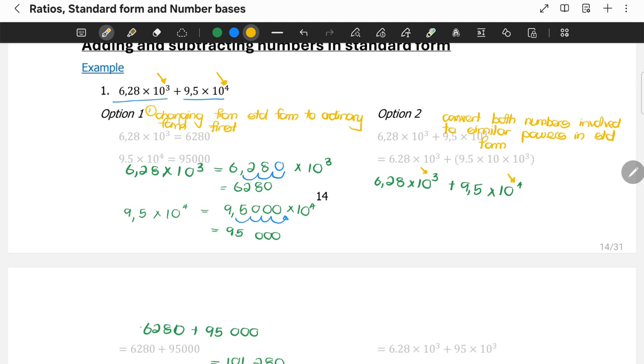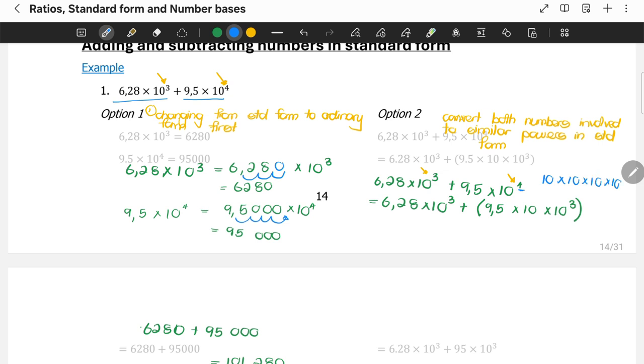So what that translates to is 6.28 times 10 to the power 3 plus 9.5 times 10 times 10 to the power 3. Because what 10 to the power 4 means is just 10 times 10 times 10 times 10, right?